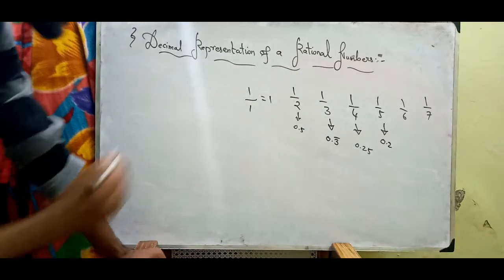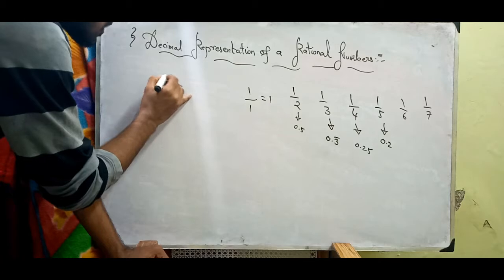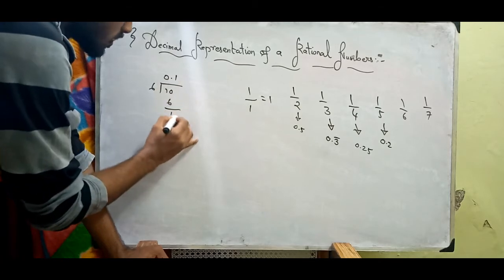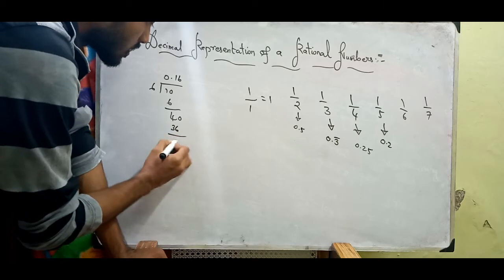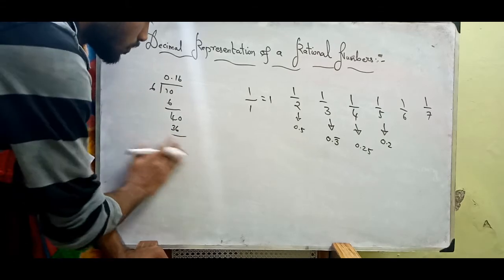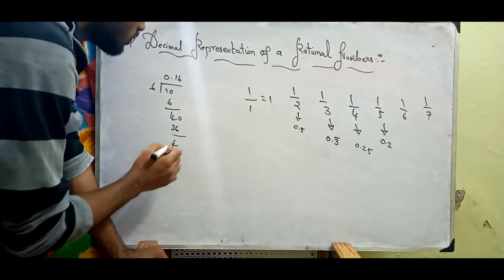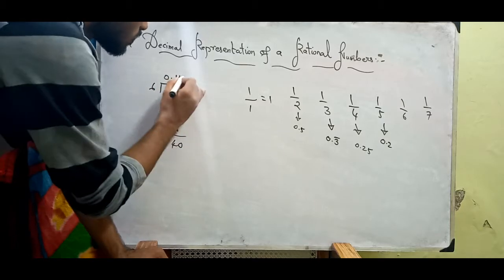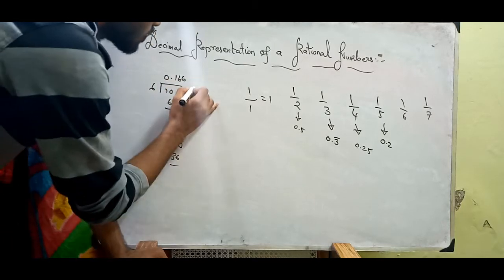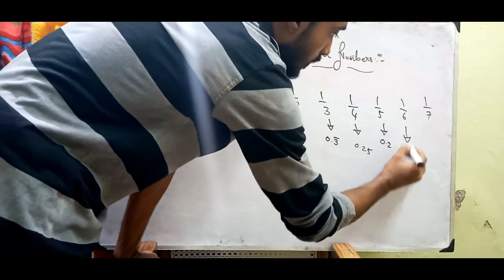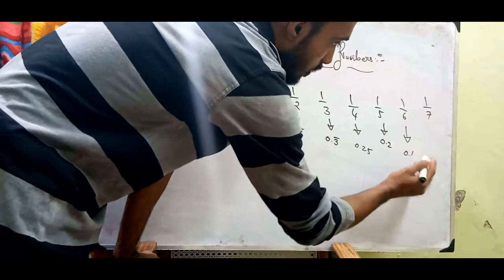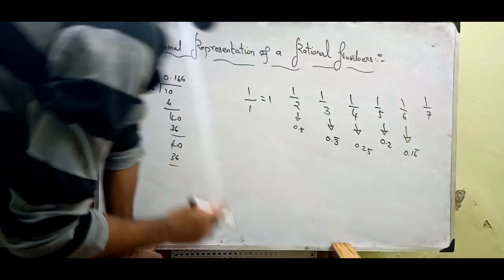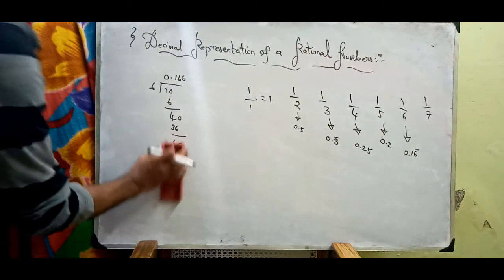So what about 1 upon 6? 0.1 6 times 6 is 36, then 4, again decimal, 6 times 6 is 36, then we have here 0.16 bar.